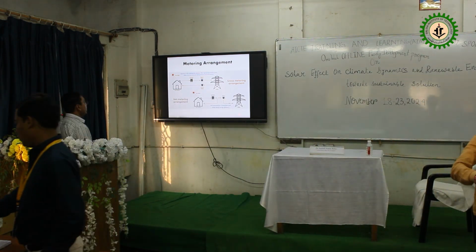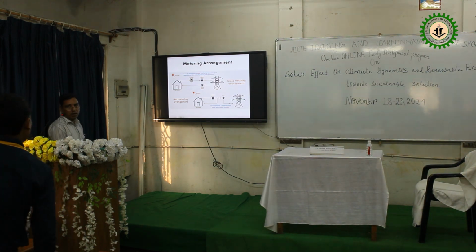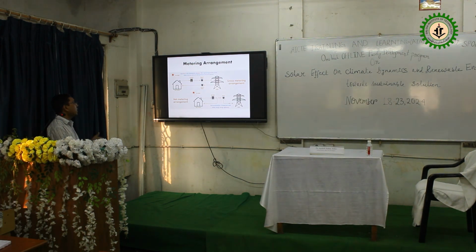Now, by integrating a smart meter and the net metering arrangement, we are deciding what saving we are taking and how much we are taking from these sources. And annual saving as well as monthly saving will be reflected in the different bills.